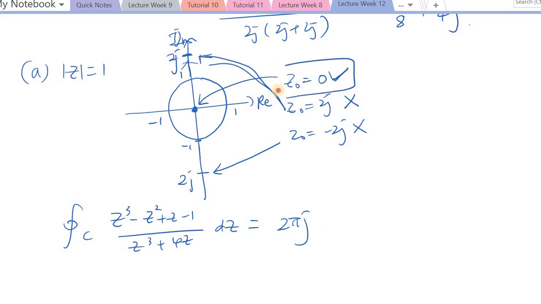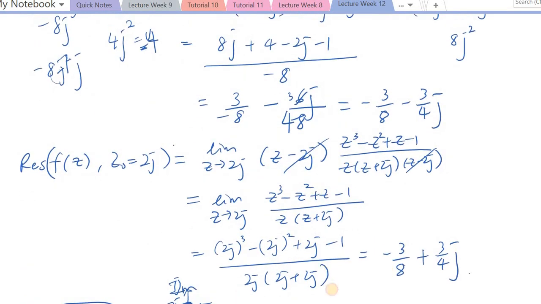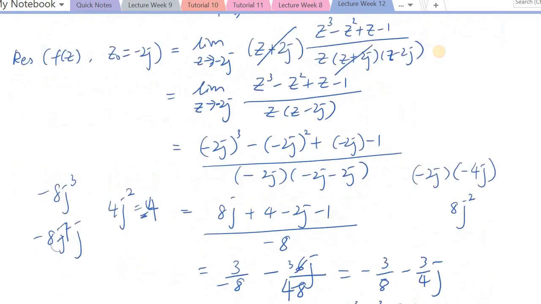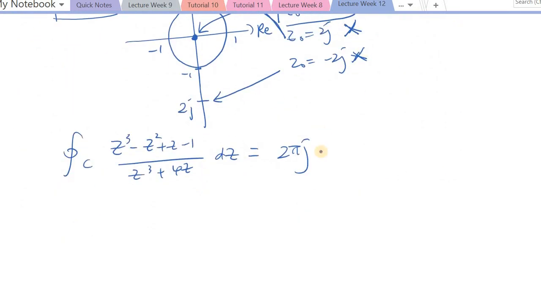We only take this residue, but not the other two, for this circle. The residue at z0 equals 0 is negative 1 over 4. So multiply with negative 1 over 4, and we get negative half pi j.